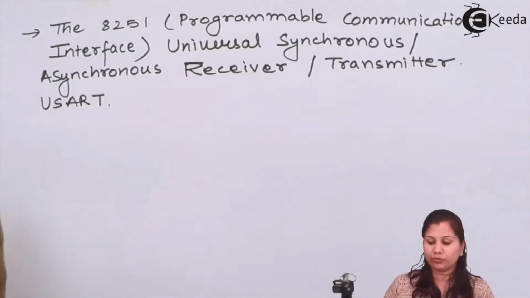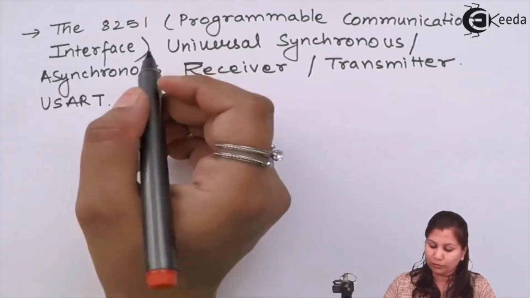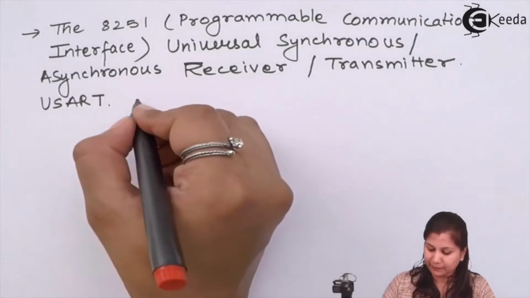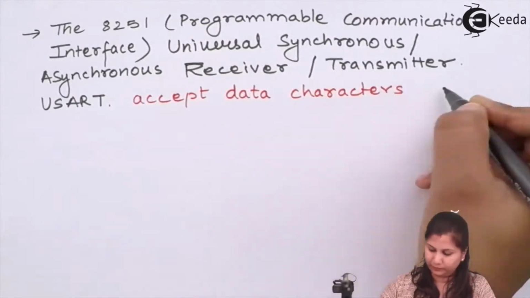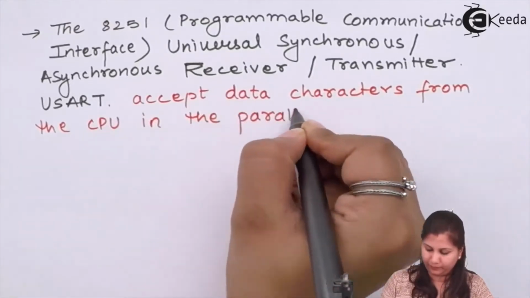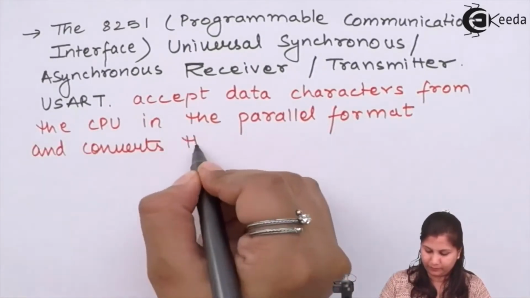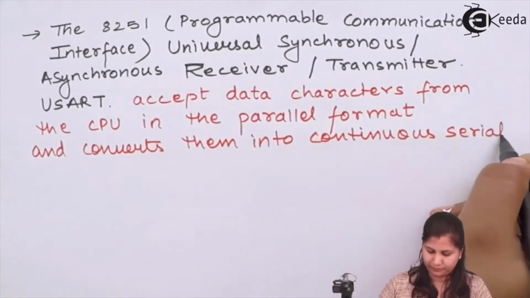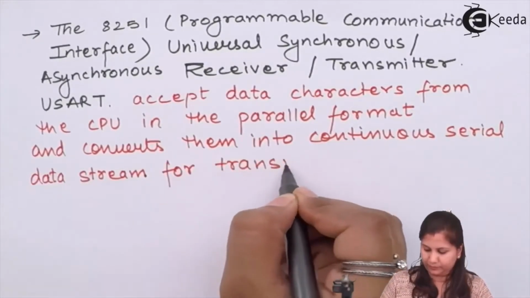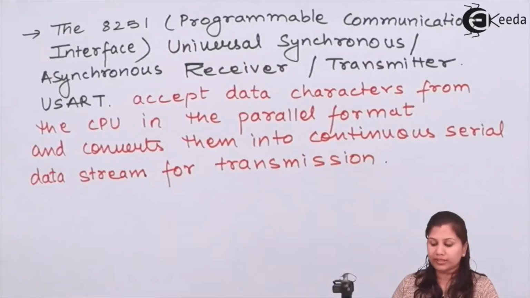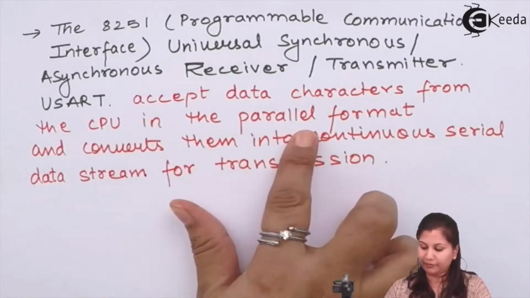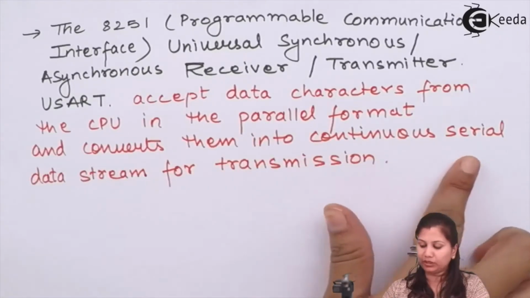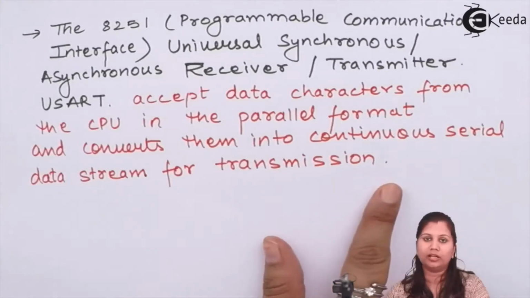All the programmers are going to use this as the communication interface. So what this USART does, it accepts the data characters from the CPU in the parallel format and converts them into the continuous serial data stream for the transmission.